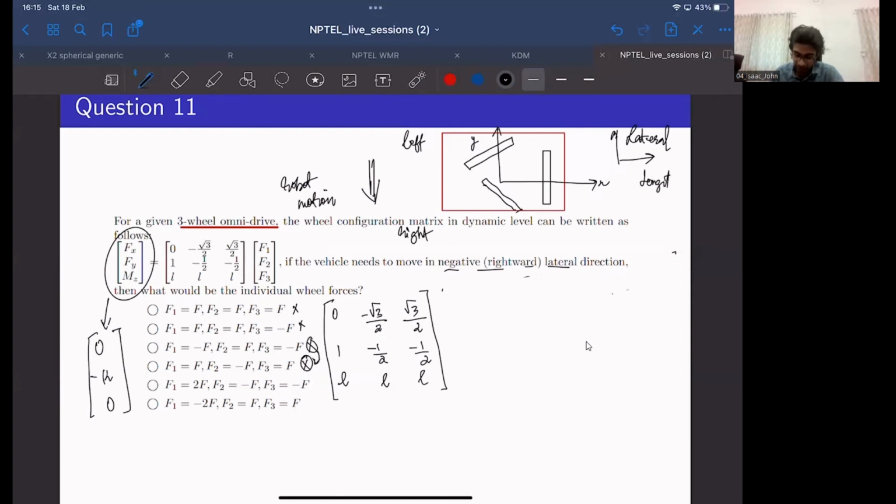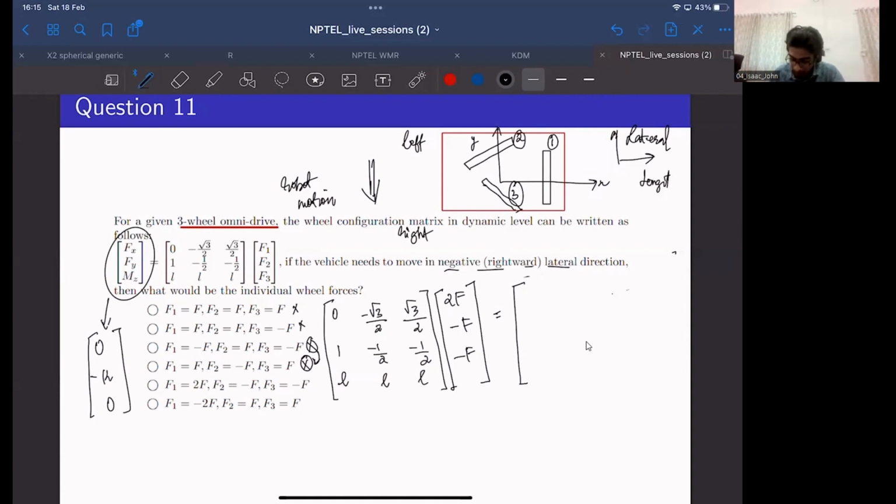And what about option 5? Option 5 says 2F, minus F, minus F. So the first wheel will have 2 times F, and the second and third wheels will have half of the first wheel's traction force. This is the first wheel, this is the second wheel, and this is the third wheel. If you multiply this out, what will we get?